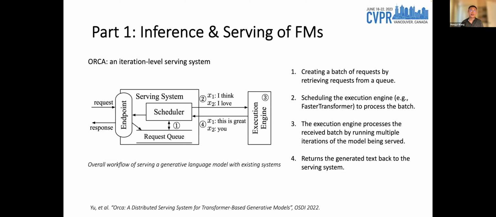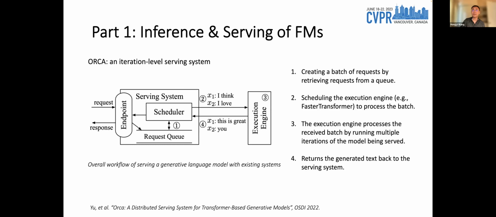Hopefully we improve the inference throughput and also the latency at the same time, so the user can get their response as fast as possible. What the system usually does is try to batchify things and put them into the execution engine. And if the scheduler is smart enough, the user will get a faster response from the system.